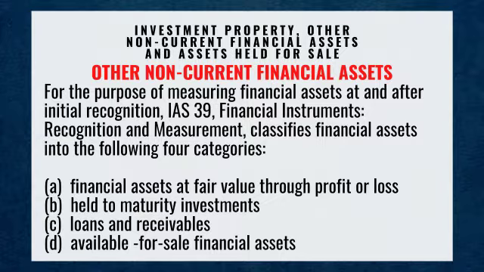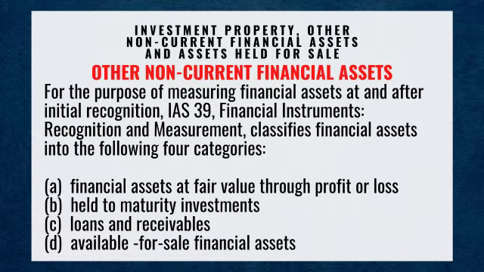For the purpose of measuring financial assets at and after initial recognition, IAS number 39, Financial Instruments, Recognition and Measurement, classifies financial assets into the following 4 categories. Letter A, financial assets at fair value through profit or loss.